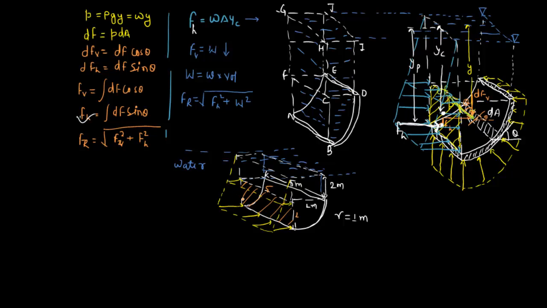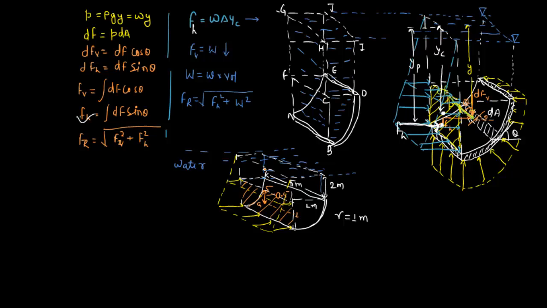First of all, we will calculate YC here. As this is a rectangle, this is the center of gravity, and for a rectangle the center of gravity will be at half, so 0.5 here, and this is below 2 meter.